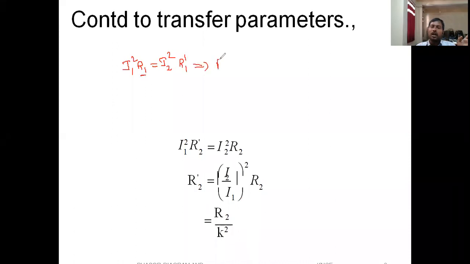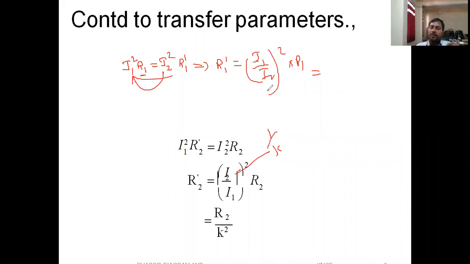R1 dash is equal to I1 by I2 whole square into R1, which is equal to K square into R1. Nothing but, if you want to transfer the resistance from primary to secondary, R1 dash is equal to K square into R1. If you want to transfer the resistance from secondary to primary, R2 dash is equal to 1 by K square into R2.